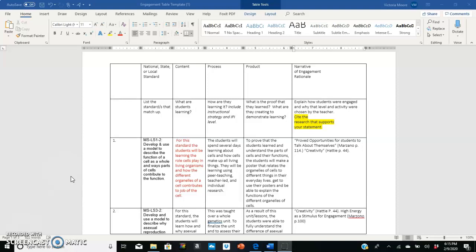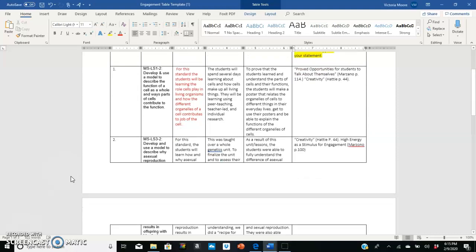Others aren't as artsy and didn't have as much desire to get as creative, and that was okay because most of them still did really well on the assessments because they're able to make those connections by just looking at their poster.